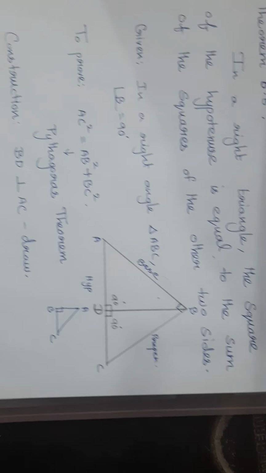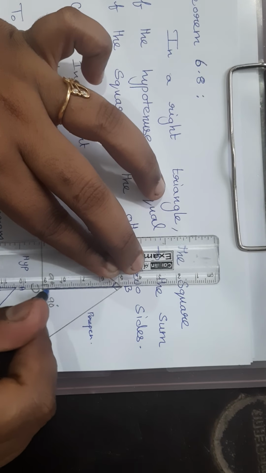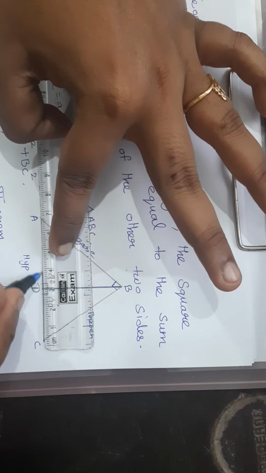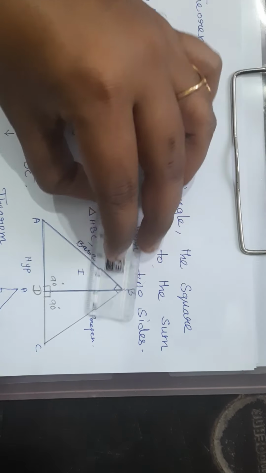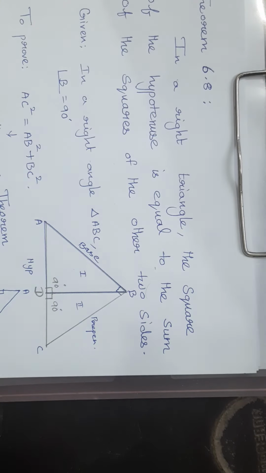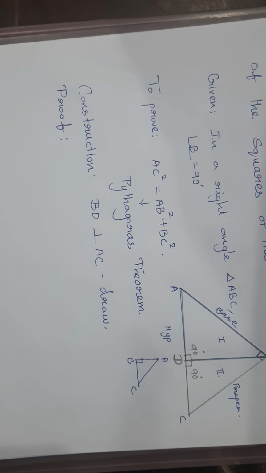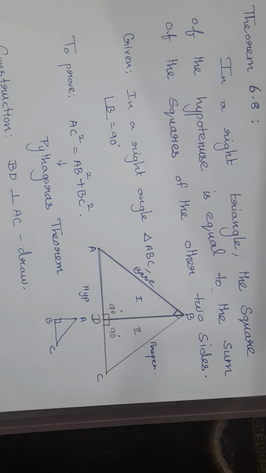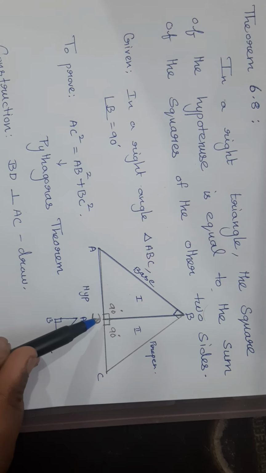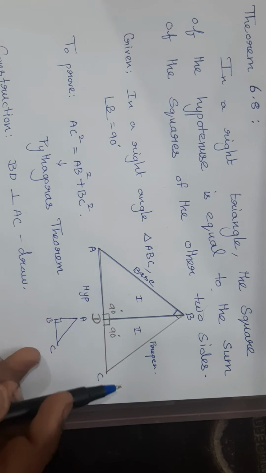For the proof, first you take only this triangle. That means, first take this triangle 1, this is triangle 2. For this triangle, you draw the perpendicular on the hypotenuse, theorem number 6.7. If you draw one perpendicular, that perpendicular divides both triangles, that is, it gives the similarity.